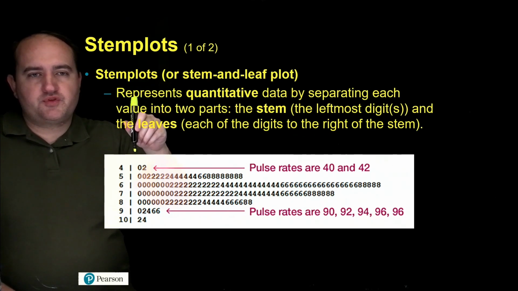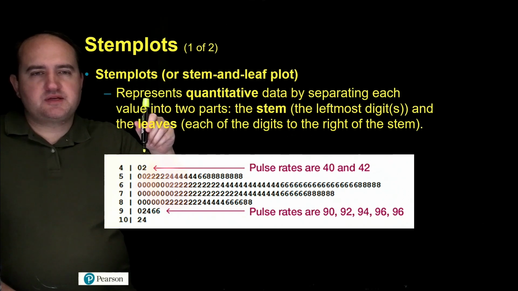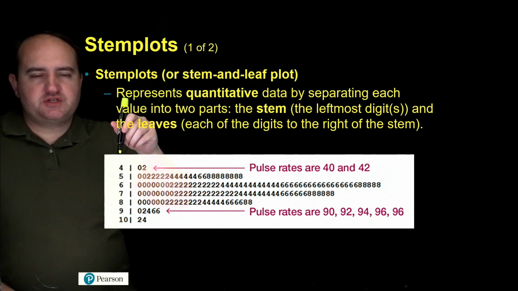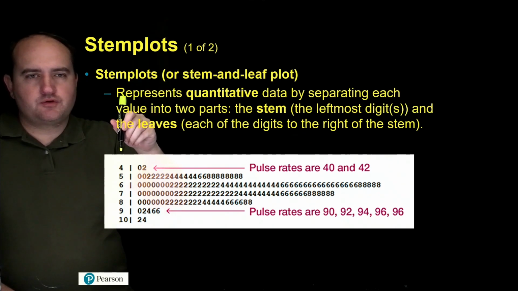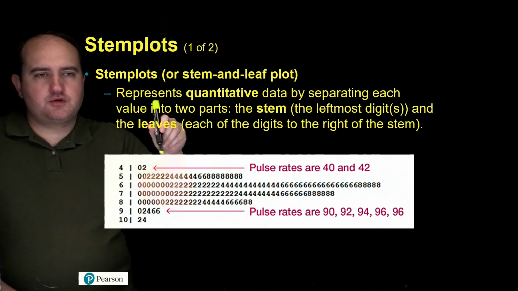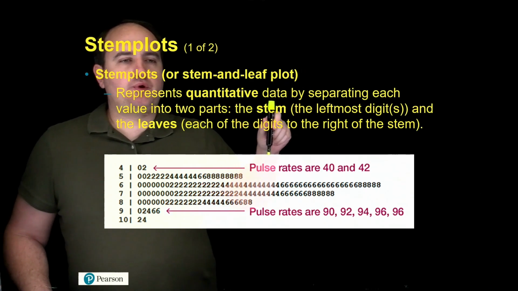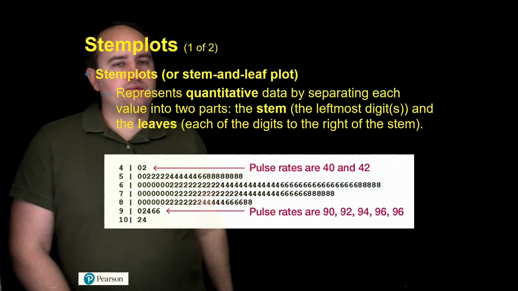The first digit is a 4, and then the next digit is a 0 for the first one, and a 2 for the second one. So you get 40 and 42. So these two pulse rates are 40 and 42.